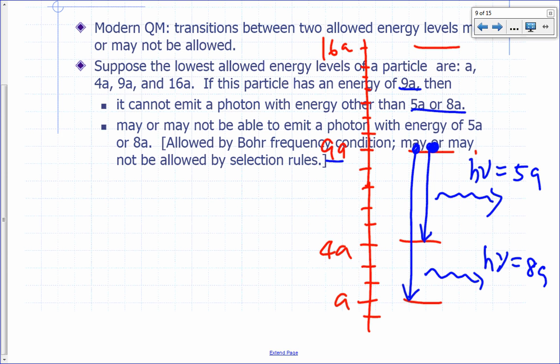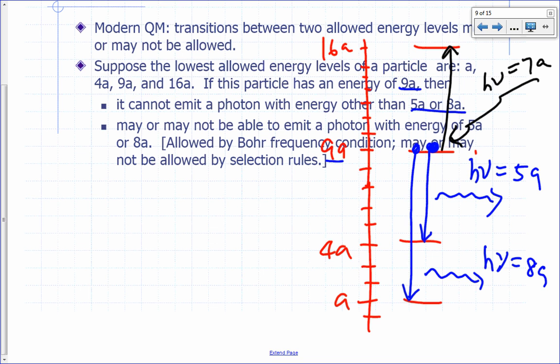Okay? Yes, it can go up, like to 16. If some photon comes in and takes it to 16, what would have to be the energy of the photon that comes in if you want it to go from 9A to 16A? 7A. So if a photon with energy 7A comes in, it could take it to 16, provided the selection rules allow it.